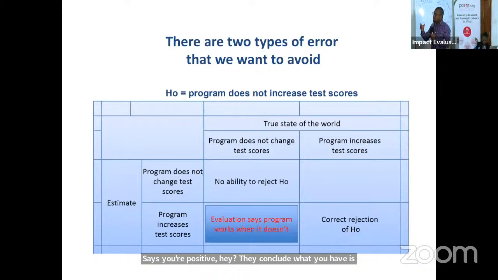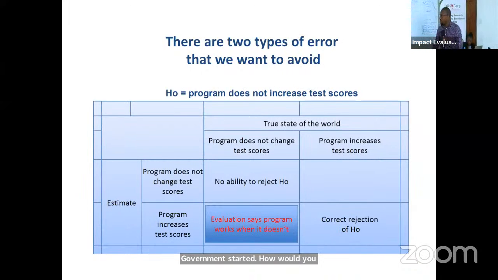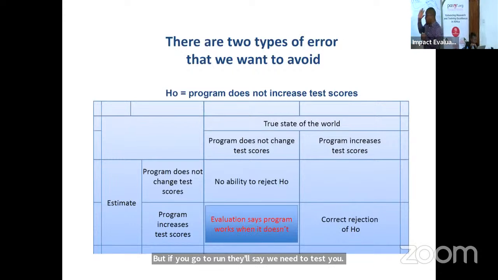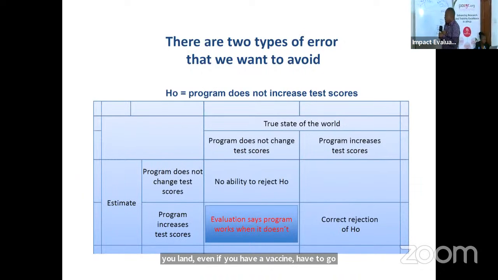That's where the mistrust between governments started. The EAC and the Ministers of Health in East Africa had to intervene so that we can trust tests. Now, if I go to Tanzania or Uganda, I just show my vaccine certificate from Kenya. But if you go to Rwanda, they used to test you until recently, even if you had a vaccine. They have to confirm for themselves.